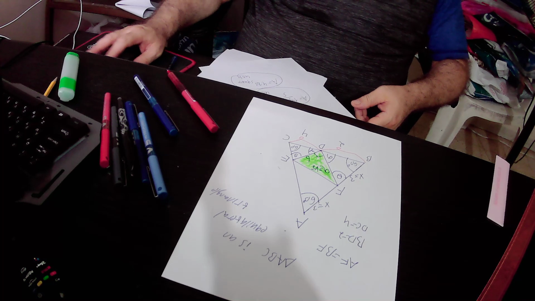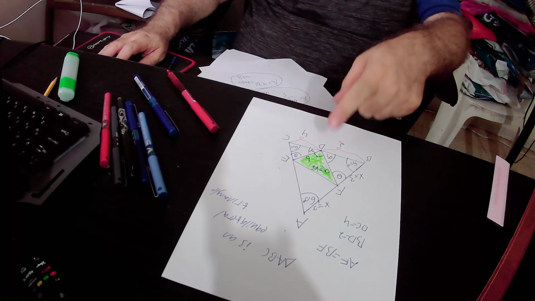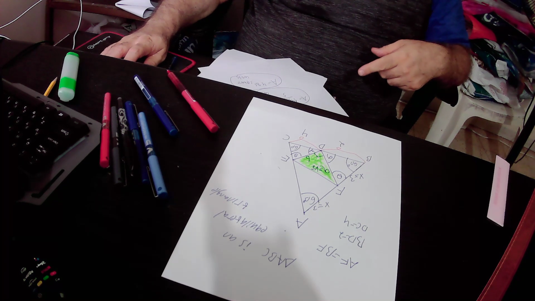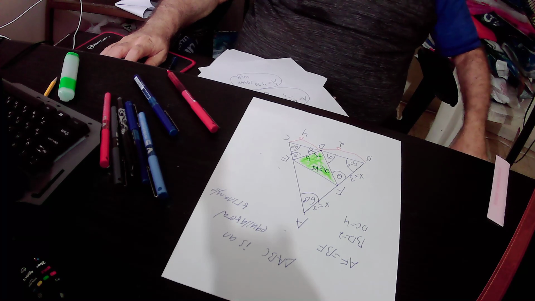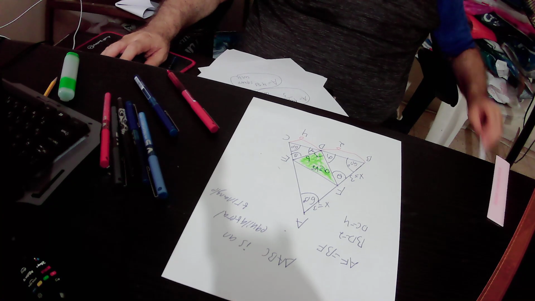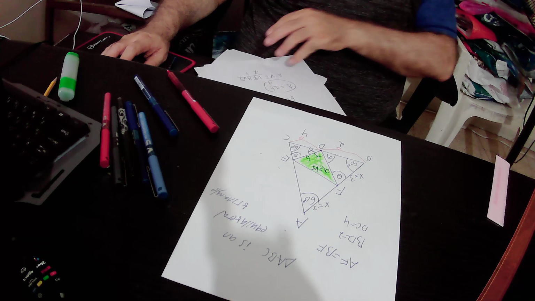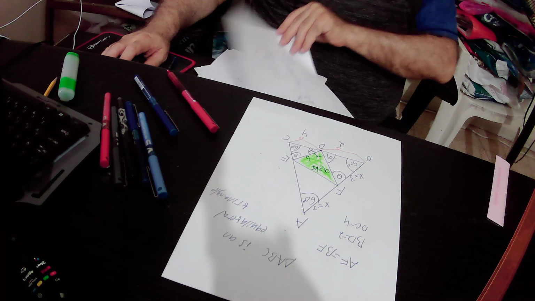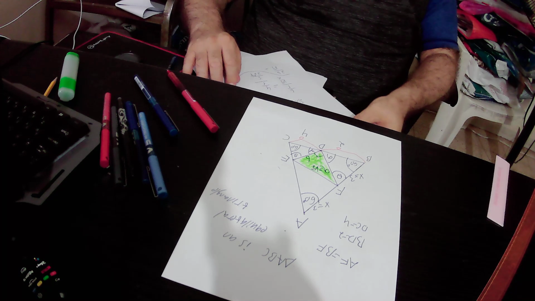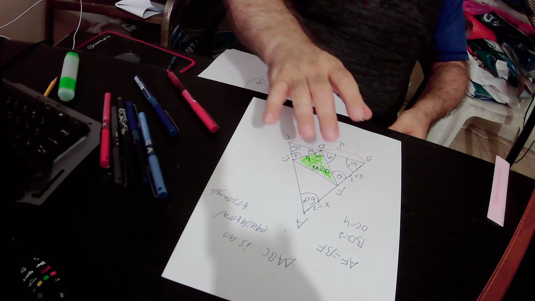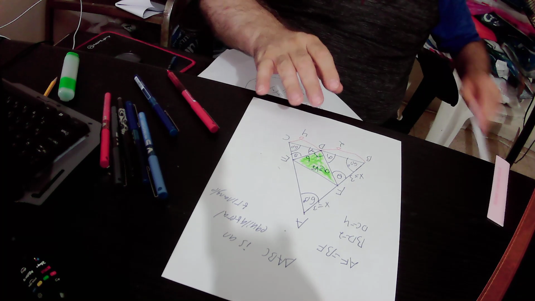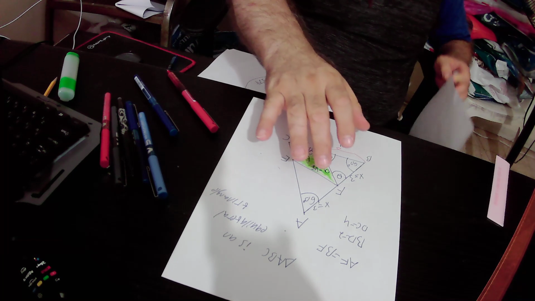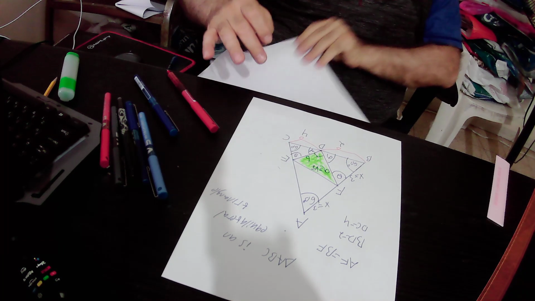Actually, we wanted to find out the area of this green triangle, and we have an equilateral triangle. We know that all the sides of an equilateral triangle are equal to each other, and all the angles equal 60 degrees.